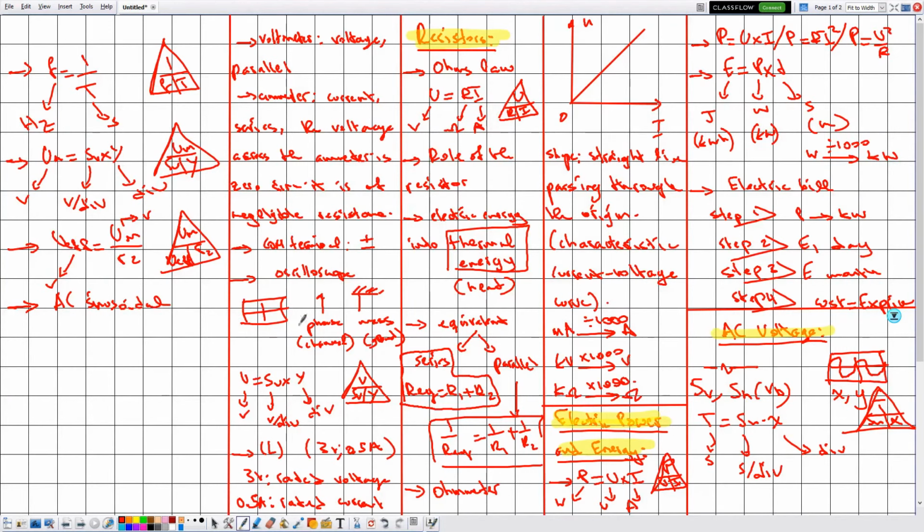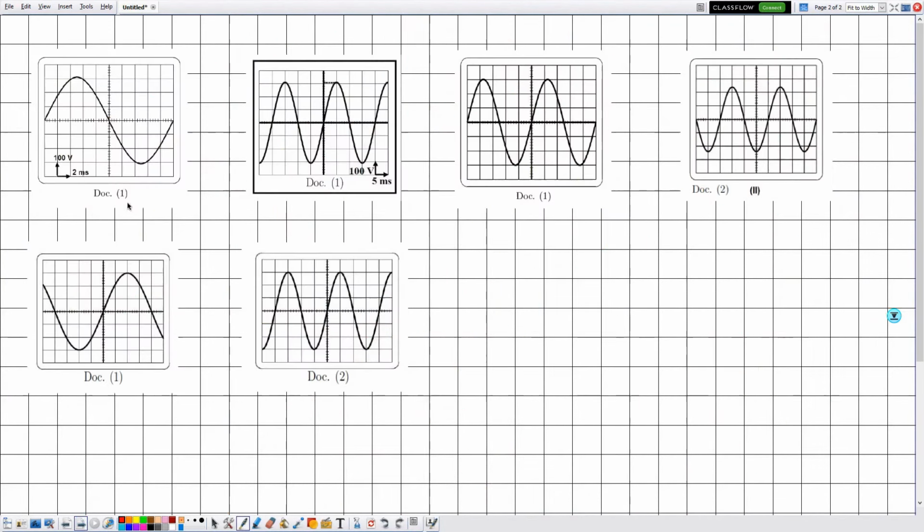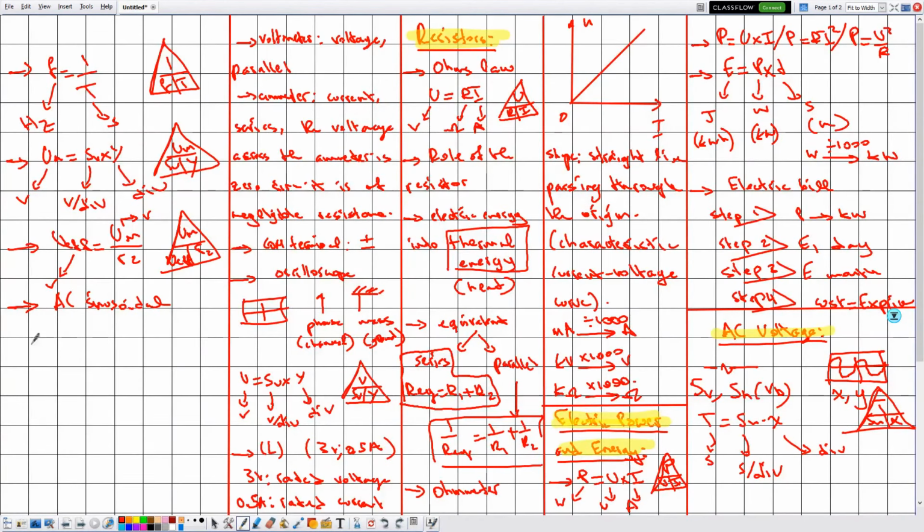So whenever the shape is something like this, it is going to be AC sinusoidal. And what is the justification in this case?